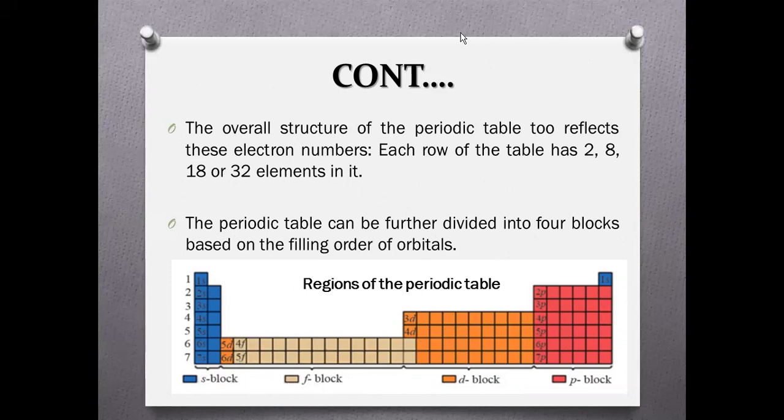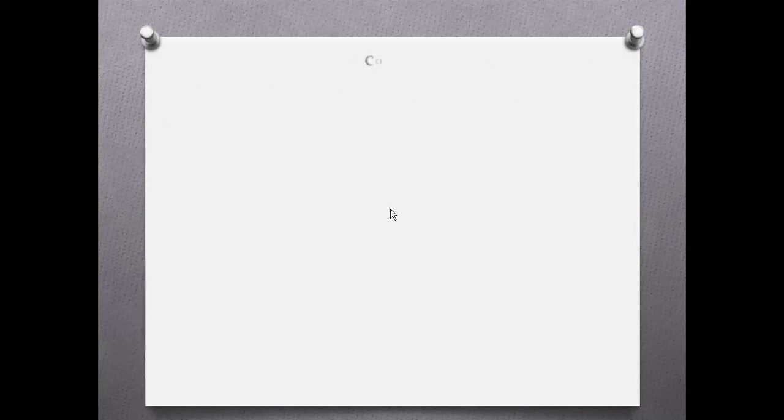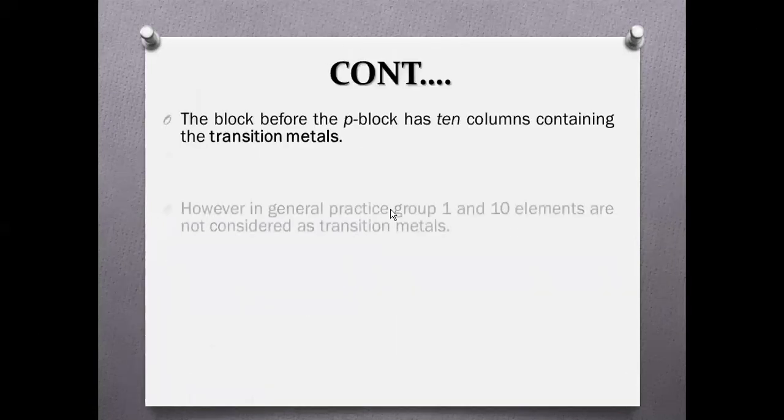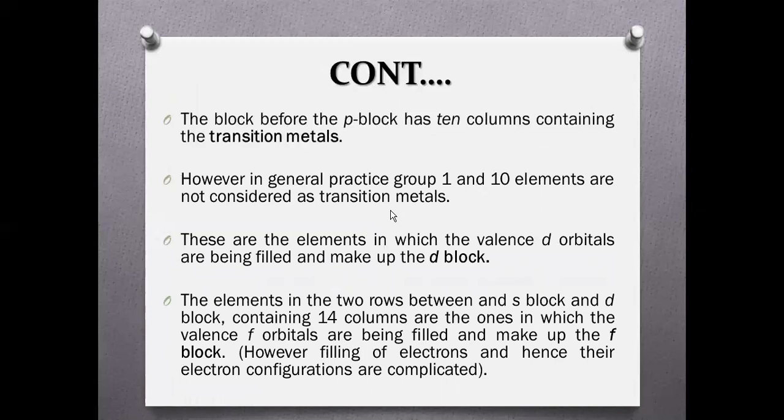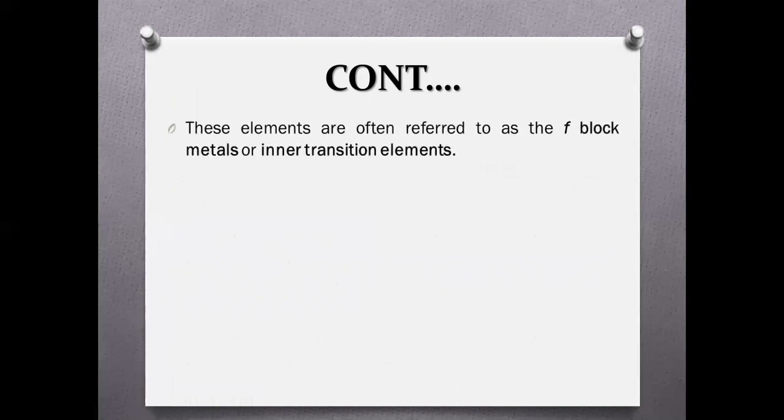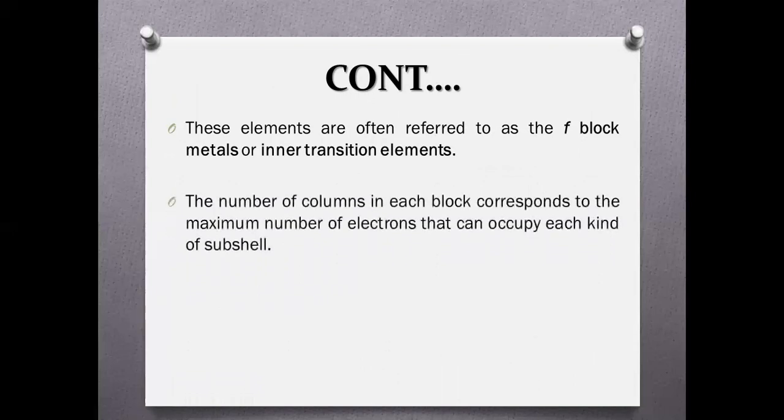The F block. This is what they are. However, the filling of the electrons and the configurations are complicated, so we are not starting here. Right. So these elements are often referred to as f block metals or inner transition metals, and we are not going to speak about that much here.